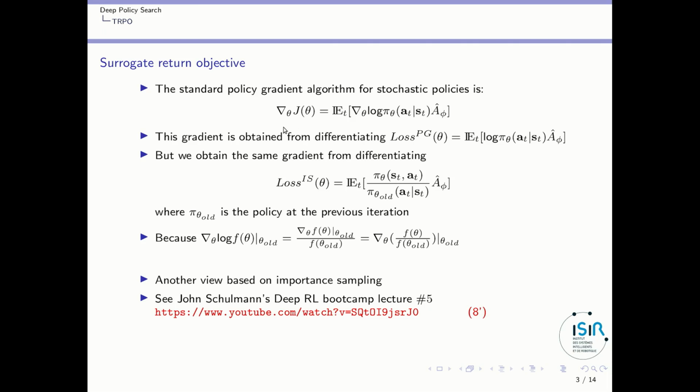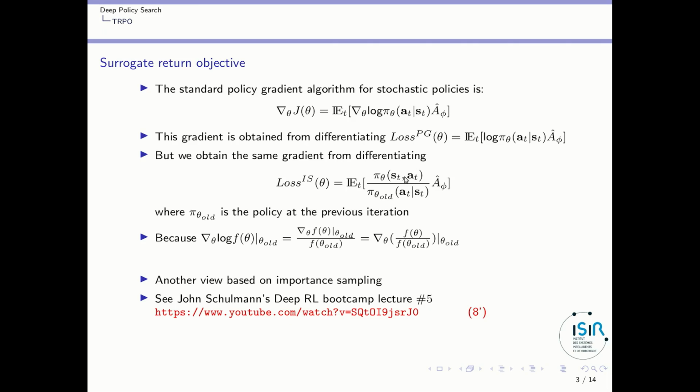And this gradient is obtained from differentiating a loss, which is this one, exactly the same term here. But the point that John Schulman explains is that we can obtain the same gradient from differentiating something different, and actually we could differentiate that. So that's a little different from here. Okay, you have an expectation of the probability of the current action given a state, so that should be noted this way.